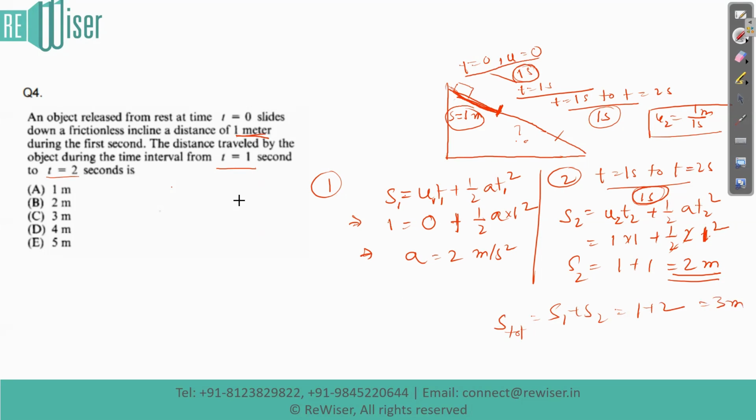So if you are asked, particularly in this time interval, what is the distance traveled, you are going to say it is 2 meters. But if you are asked what is the total displacement from t equal to 0 to t equal to 2 seconds, in this time interval the total displacement is 3 meters.